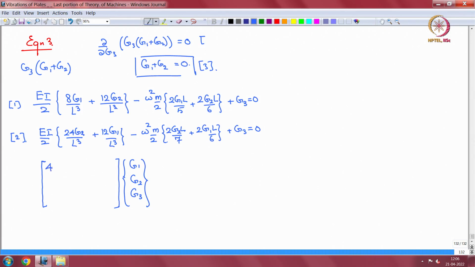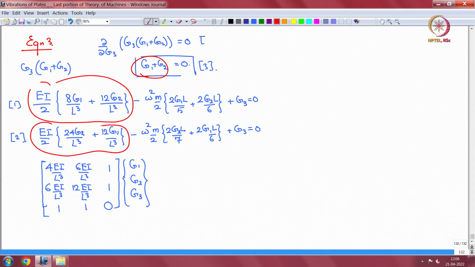Here I have 4 EI by L cube, 6 EI by L cube, 1, 6 EI by L cube, 12 EI by L cube, 1, then 1, 1, 0. Okay, so these terms have been included. They are without omega square.